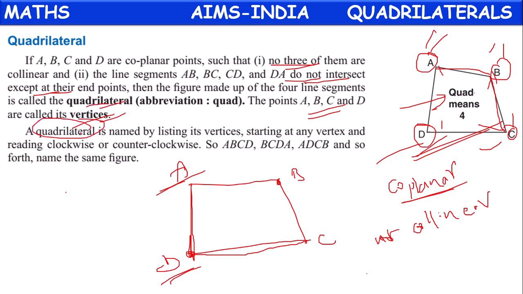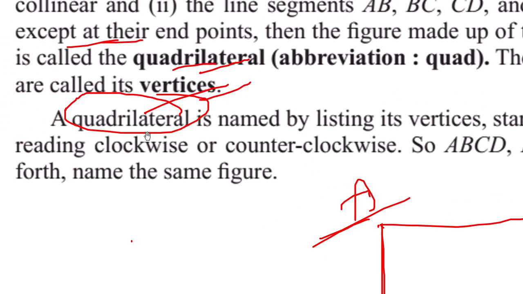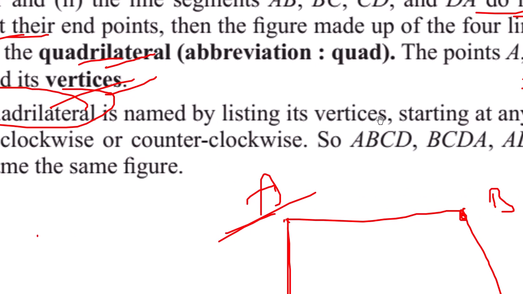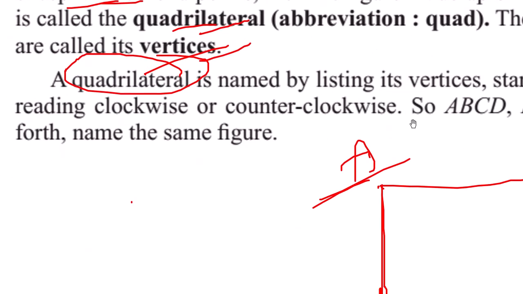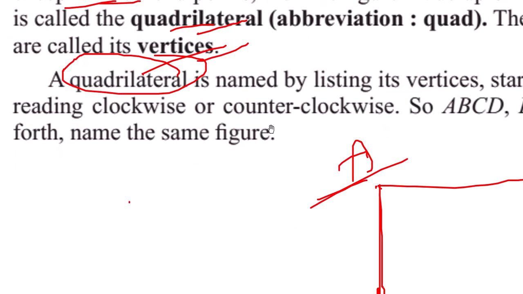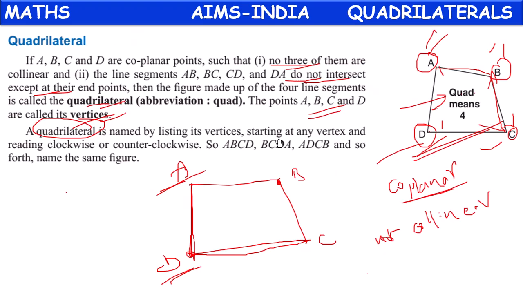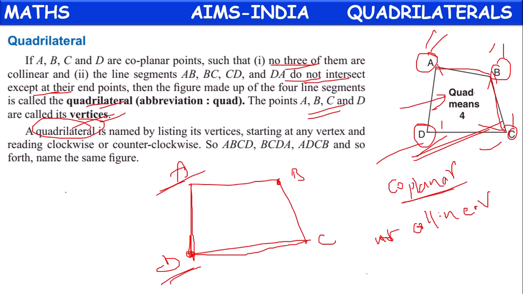So a quadrilateral is named by listing its vertices, starting at any vertex and reading clockwise or counterclockwise. So we can start from any vertex. If you start from A, B, C, D, in clockwise direction, we can name it as ABCD. Or if you start from A in anti-clockwise direction, we can name it as ADCB, like this.